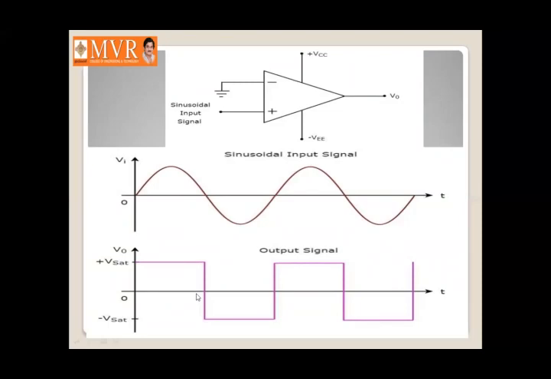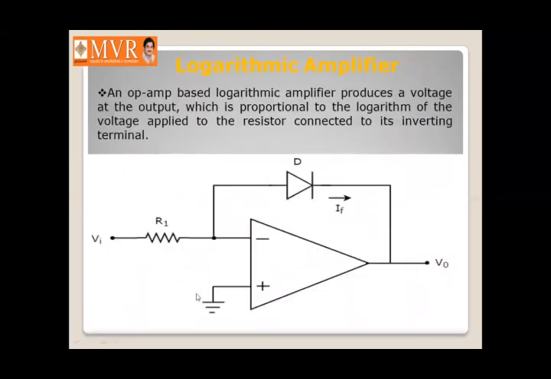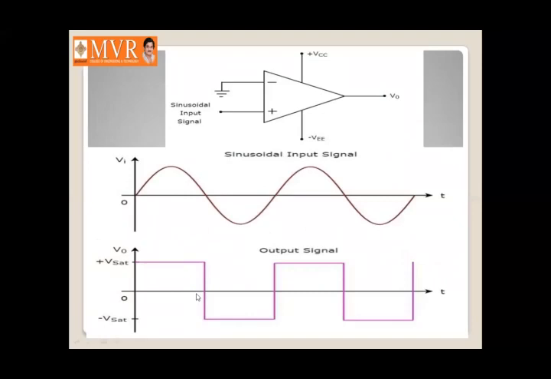The open loop gain of the op amp is very high, and the op amp operates in the saturation region. So that is how the output changes between +Vsat and -Vsat. These are the two comparators using an operational amplifier.